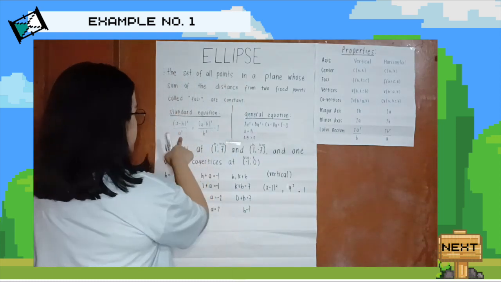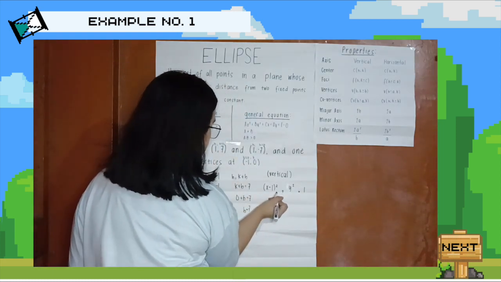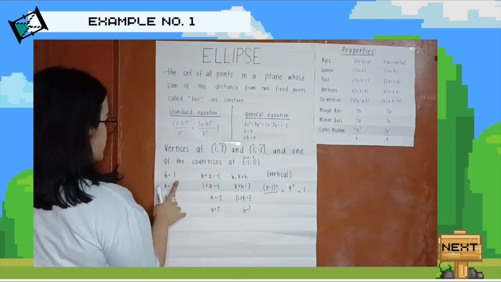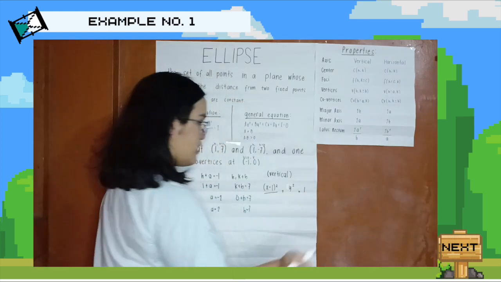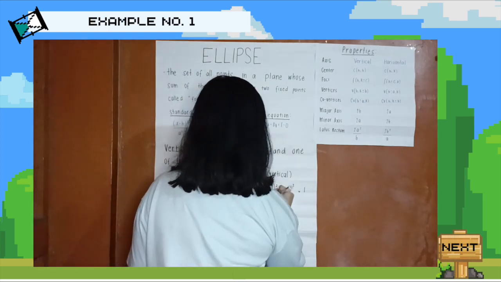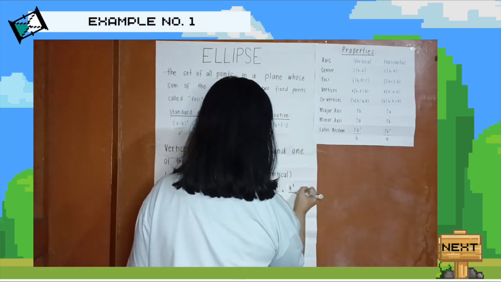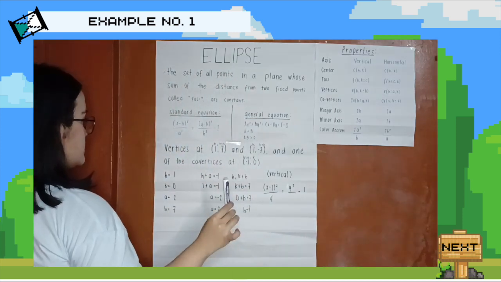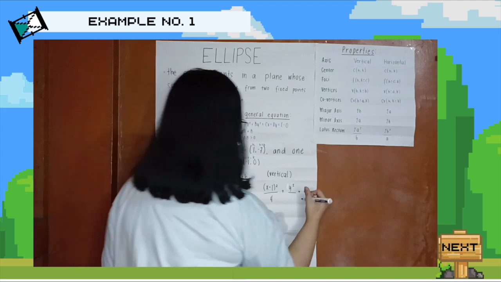And to get a squared, we use this, so a squared is 4. And for b squared, b squared is equal to 49.